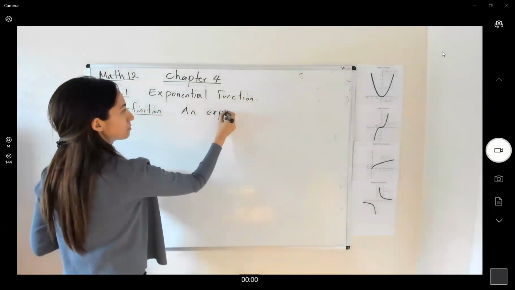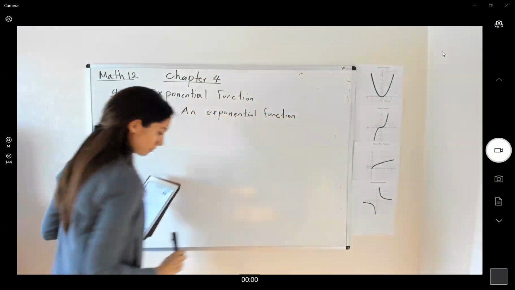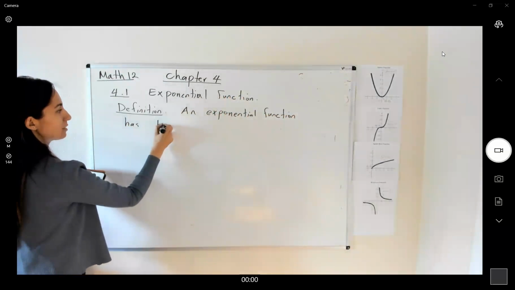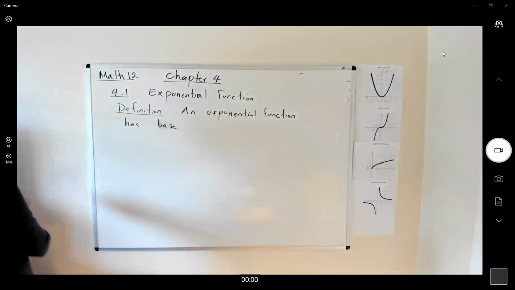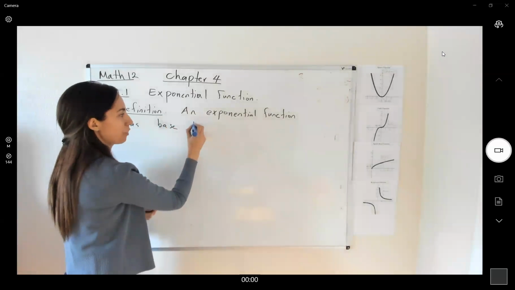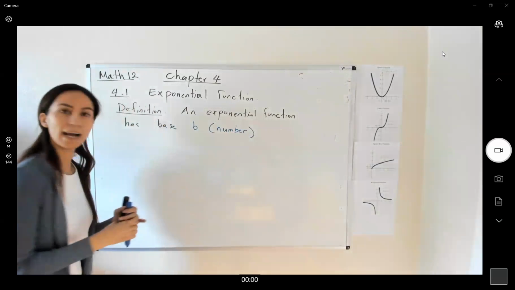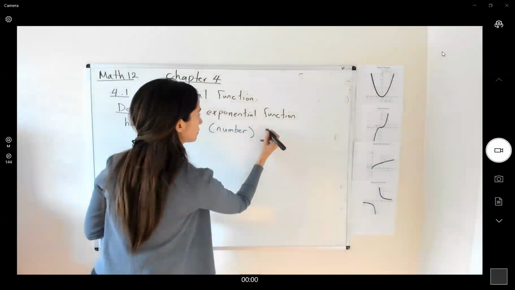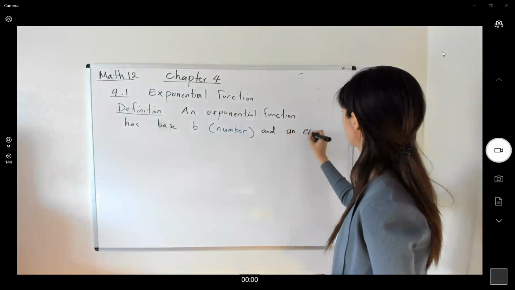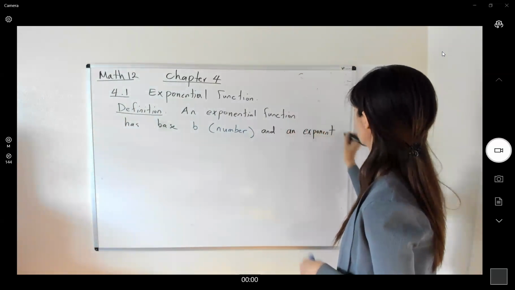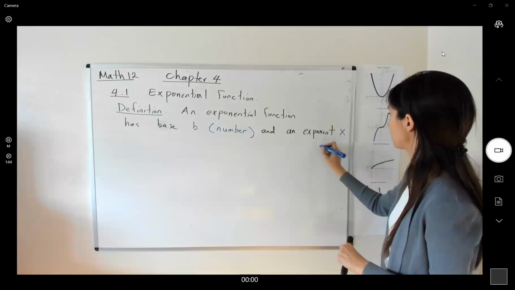An exponential function has a base like b, which is a number, and it has an exponent or power, which is denoted by a variable like x.